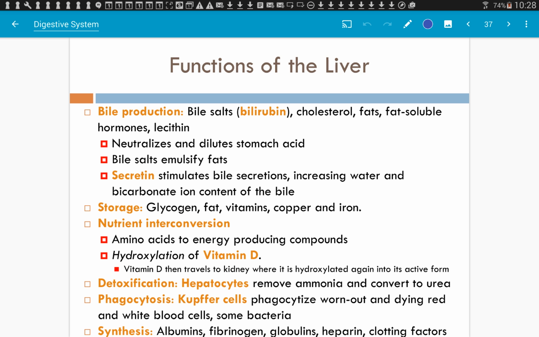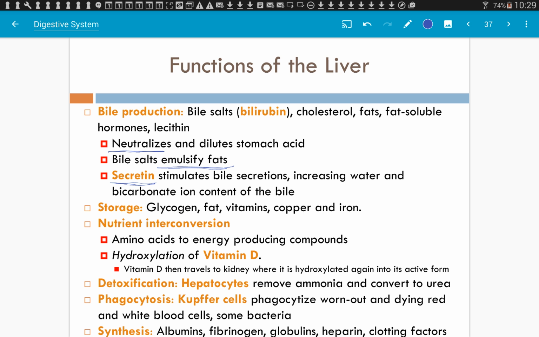So what does bile do? Helps neutralize the acid from the stomach. Remember, pH is very low in the stomach. So it neutralizes and helps dilute it, helps emulsify fat, so breaking the fat down into smaller little bits. Secretin is secreted by the duodenum. Secretin stimulates bile release.